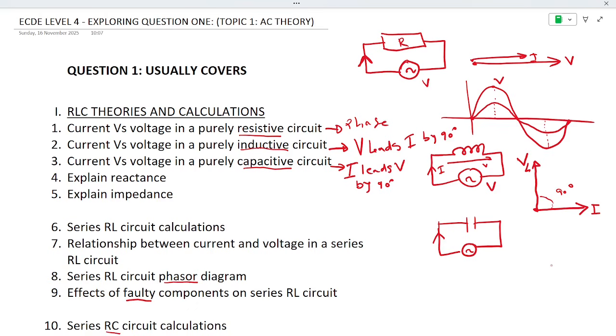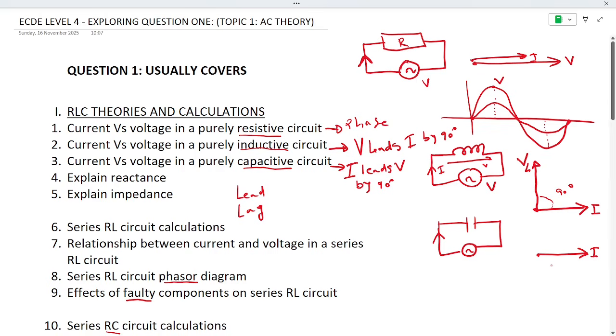If you have to do a phasor diagram representation, you're going to have your current there. The current is leading, which means your voltage is lagging, because you have two words there. Lead means it's taking the lead, it's in advance, and lag means there is a delay. It's late. Leading would be pointing up, as we said.